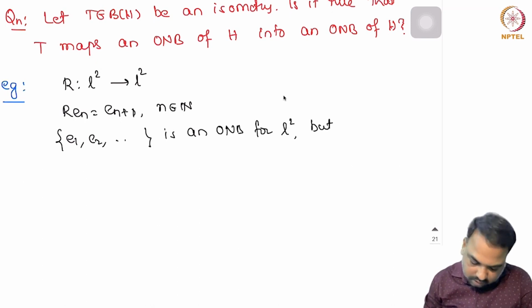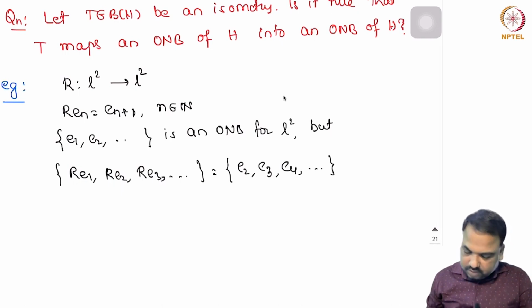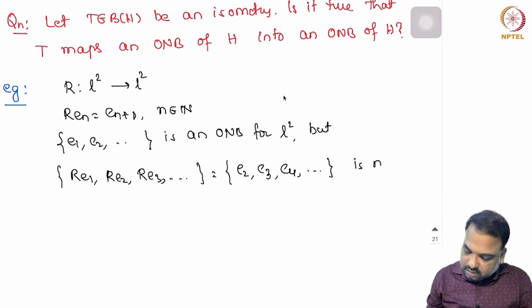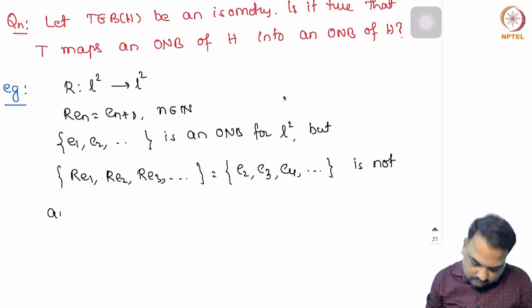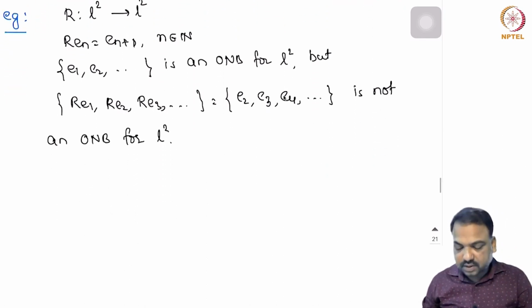But if you look at Re1, Re2, Re3, and so on, this is nothing but e2, e3, e4, and so on. This is not an orthogonal basis for L2 because the first vector is missing.